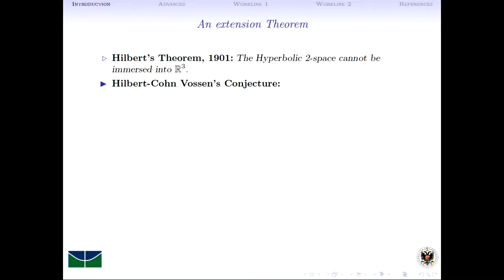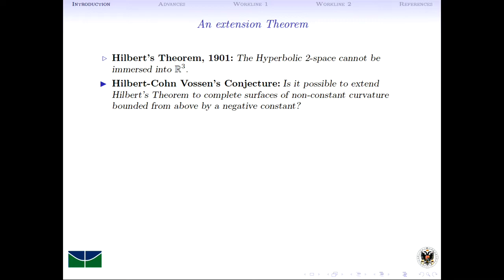He wondered: negative constant curvature surfaces cannot be immersed in R3, but what if that curvature was non-constant, not a constant function? Maybe a function bounded from above by a negative constant. And then he wondered about that possibility, and he opened a line of work related to Hilbert's theorem.